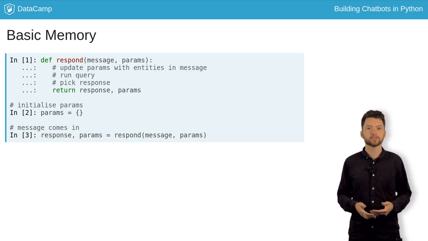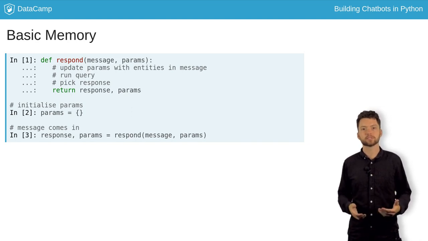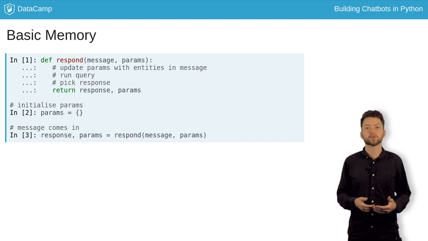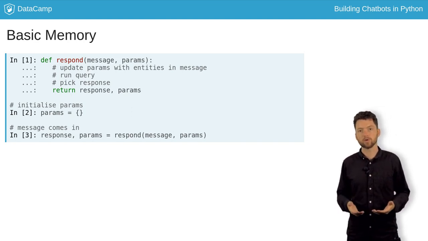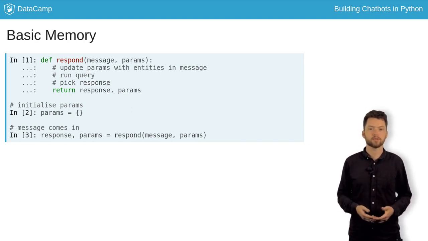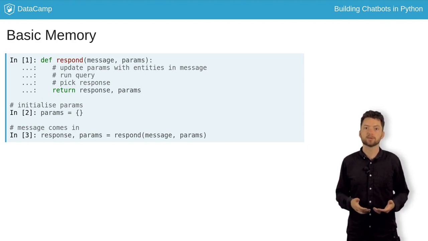The saved parameters include the user's preferences. For example, if they've already said that they're looking for somewhere cheap, we want to save price range equals low in the params dictionary. One tricky thing can be deciding when to wipe the memory of your bot and let your users start over. You'll have to choose what makes sense for your application.